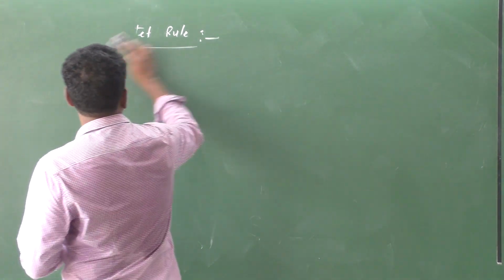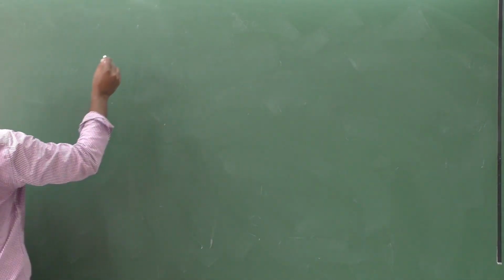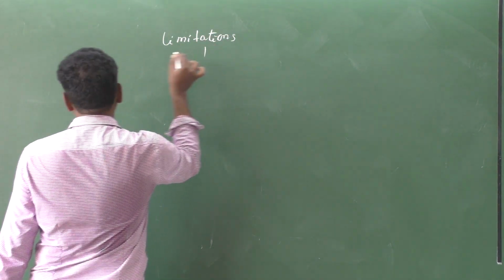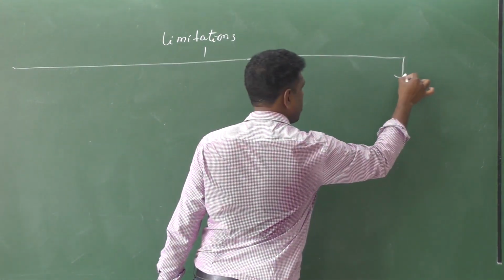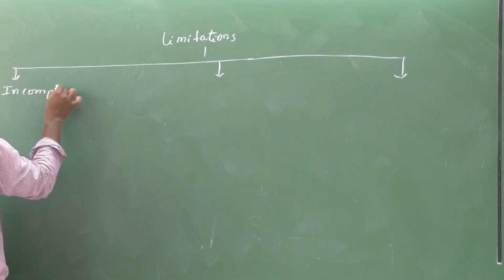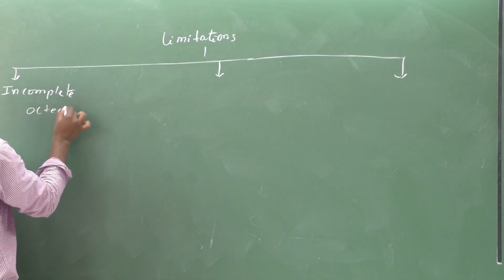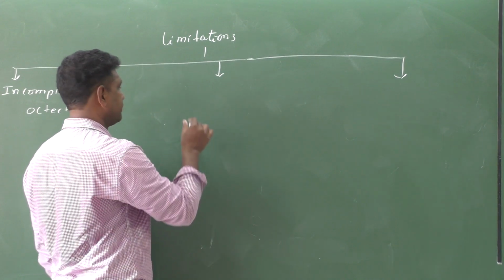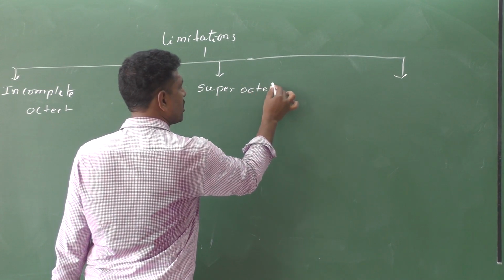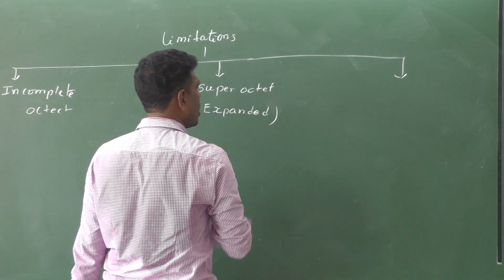Three types of molecules are observed here. First one, incomplete octet. Second, super octet, or expanded octet.